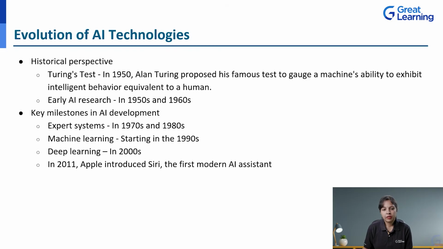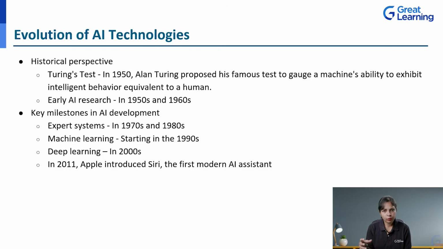Key milestones happened in the 1970s and 80s when expert systems were developed. These expert systems were more efficient in behaving intelligently, or like humans, compared to the earlier research. But even these had constraints, like hardware constraints, that a particular hardware could only be programmed in such a way that it could behave intelligently.